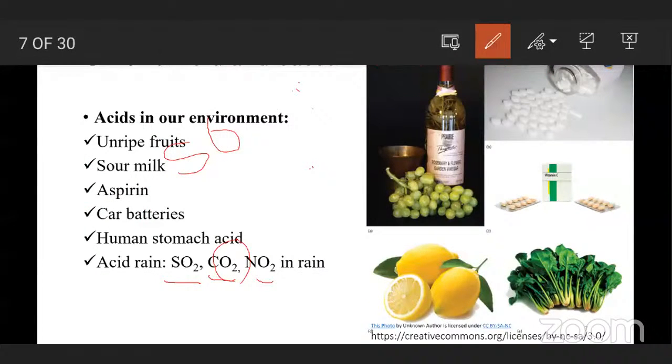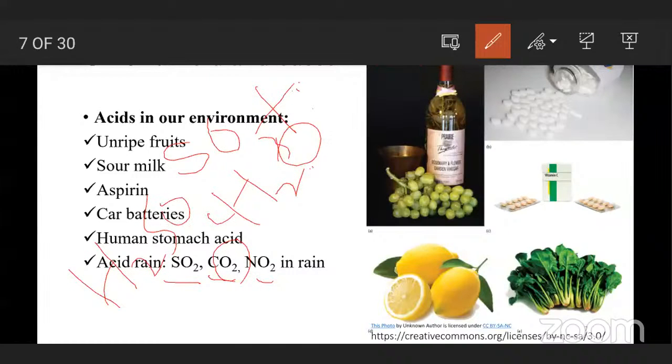And if you have SO3 gas, this can interact with moisture in the atmosphere, and you can have H2SO4, that's tetraoxosulfate 6 acid, which can be dissolved up there.